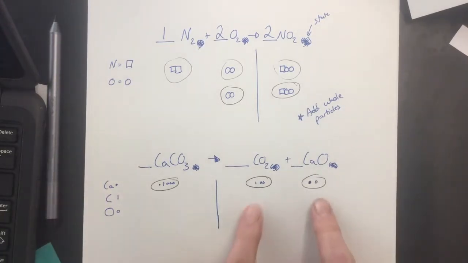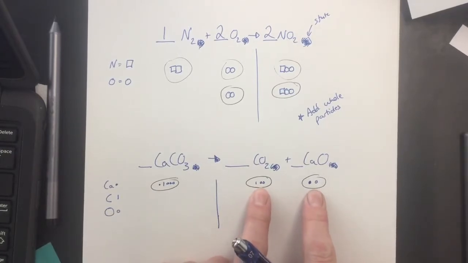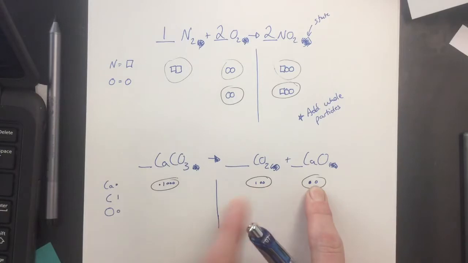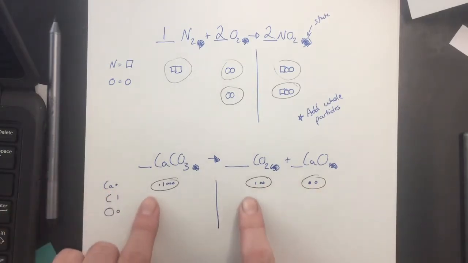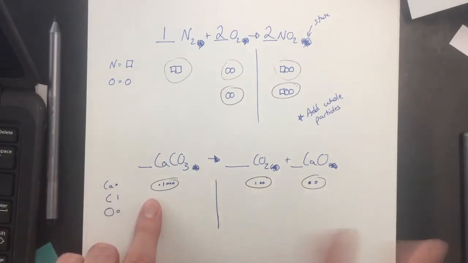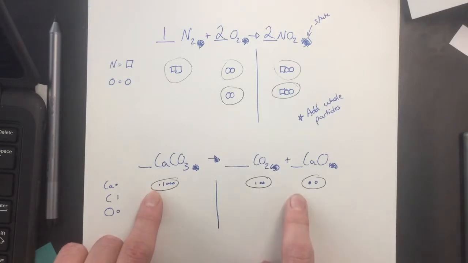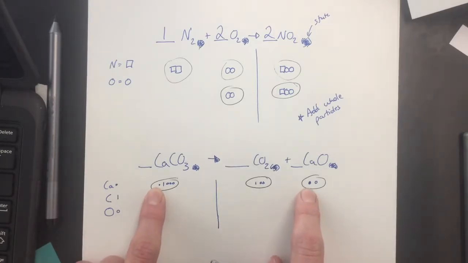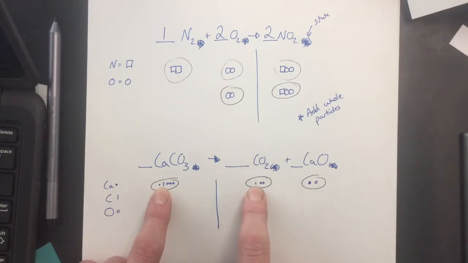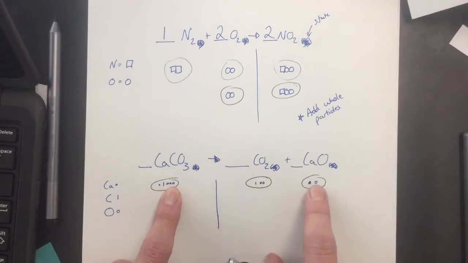Now this one's a little harder because you can see over here in the products that you got the O's in different places. So when I count things up, I have to pay attention to that. Oh, this one's going to be far easier than I thought it would be. Okay, so dot and dot, my dots are good, so my Ca's are accounted for. And C, I've got one on each side, and then I've got 1, 2, 3 O's, and 1, 2, 3 O's.